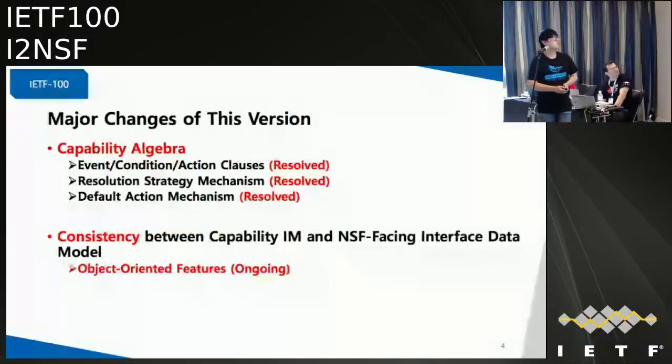This slide shows the major changes of this version. We considered the capability algebra for network security policy rules, such as the event condition action clause, a resolution strategy mechanism to prevent conflict between security policy rules, and a default action mechanism to take action if the rule does not have an action clause.